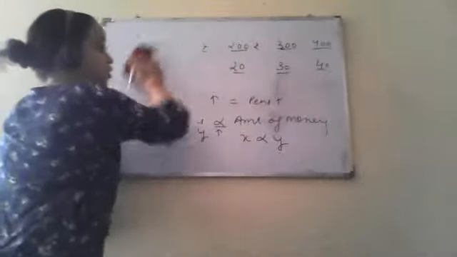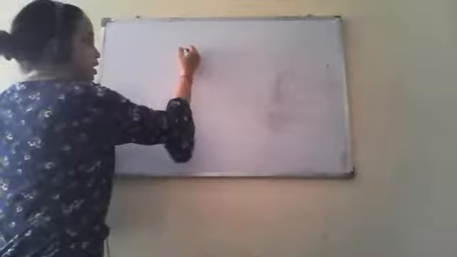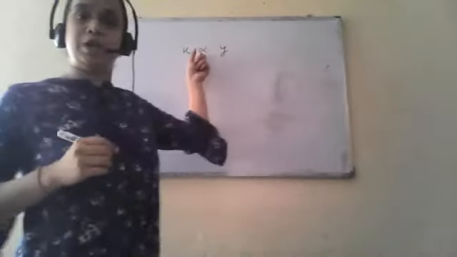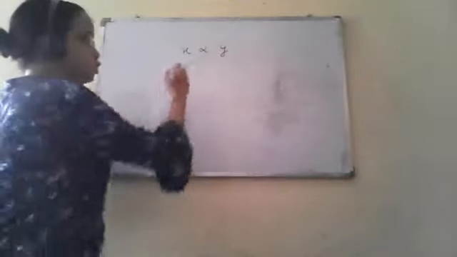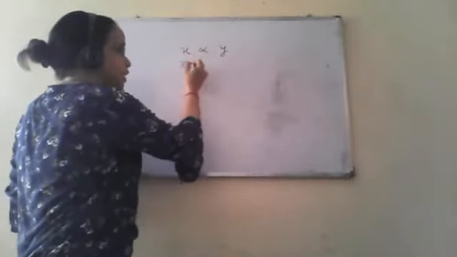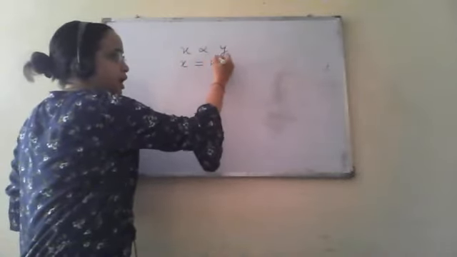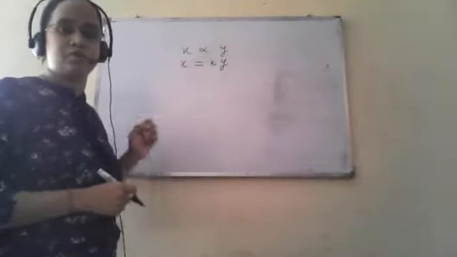Now, x is directly proportional to y. So in order to solve, we need to remove this sign of direct variation. By removing it, we can put a constant. k is a constant, and y is one of the parameters which we have chosen.